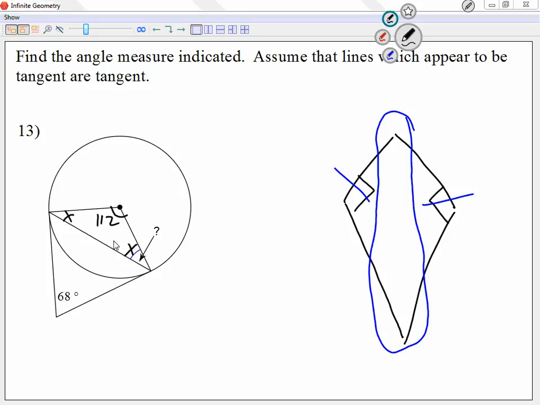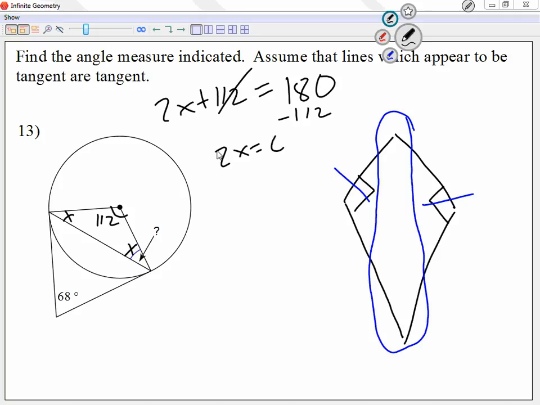So add everything, 2x plus 112, and I have the 2x because I have x plus x. So add everything, and it should be 180. So let me subtract 112. 2x equals 68. So x must be 34.